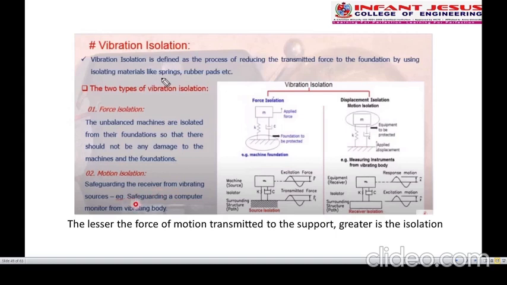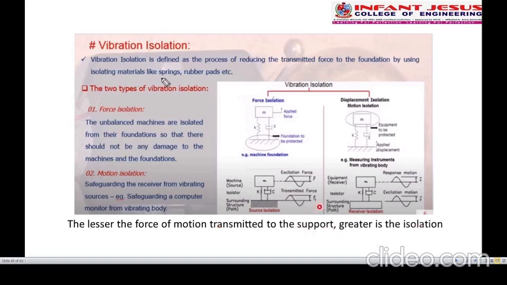A good example for motion isolation is safeguarding a computer monitor from a vibrating body. If there is a continuous vibration in the computer monitor, the computer monitor may undergo a failure. So we have to protect the monitor from the vibrating body. That is called motion isolation. Here there is one statement given: the lesser the force or motion transmitted to the support, the greater is the isolation.